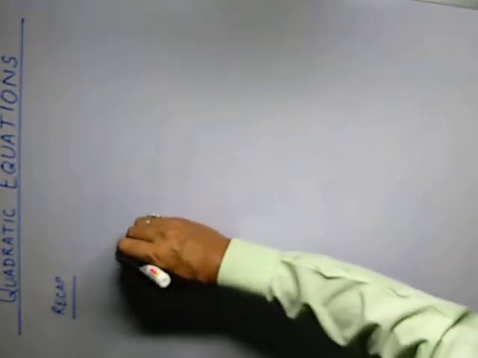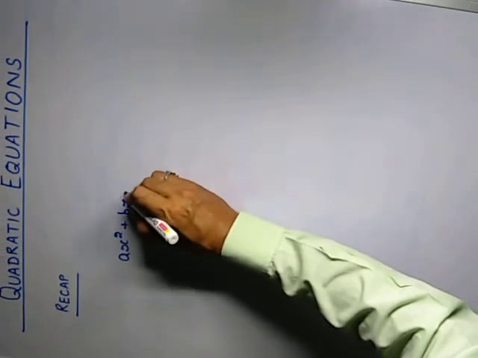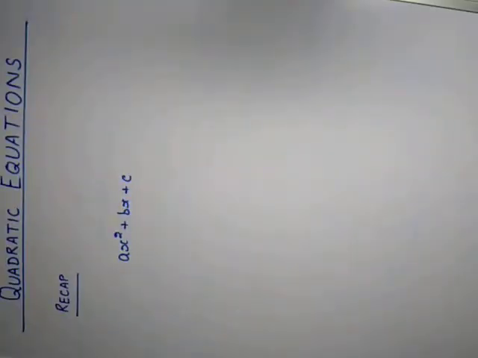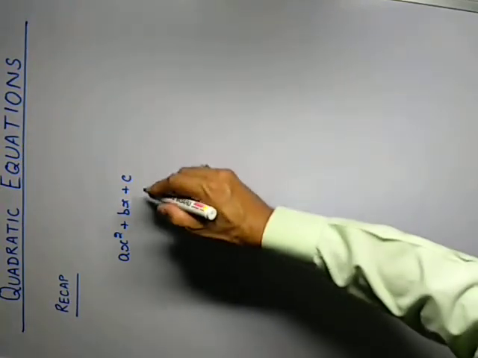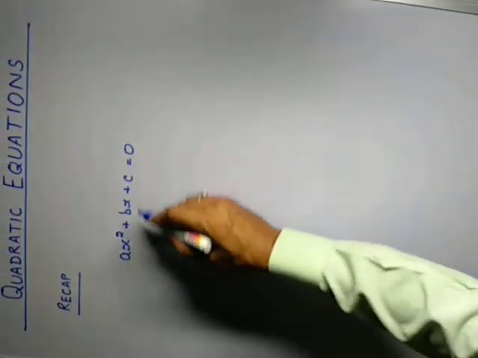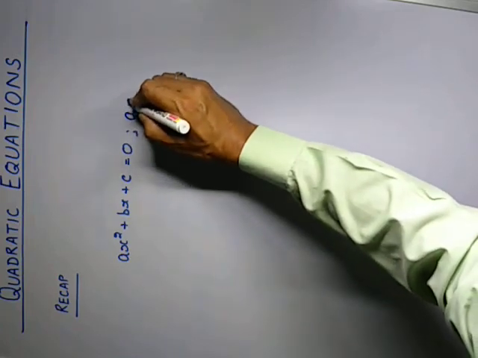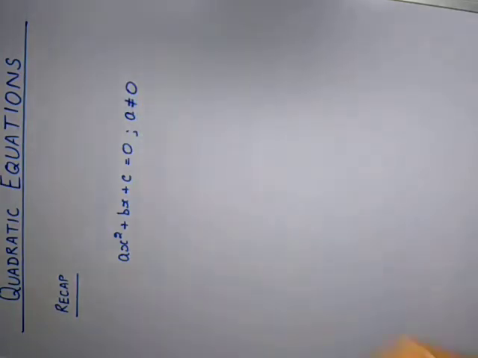One type was the quadratic polynomial, which is of the form ax square plus bx plus c. When we equate this polynomial to 0, then we get a quadratic equation such that a cannot be equal to 0.